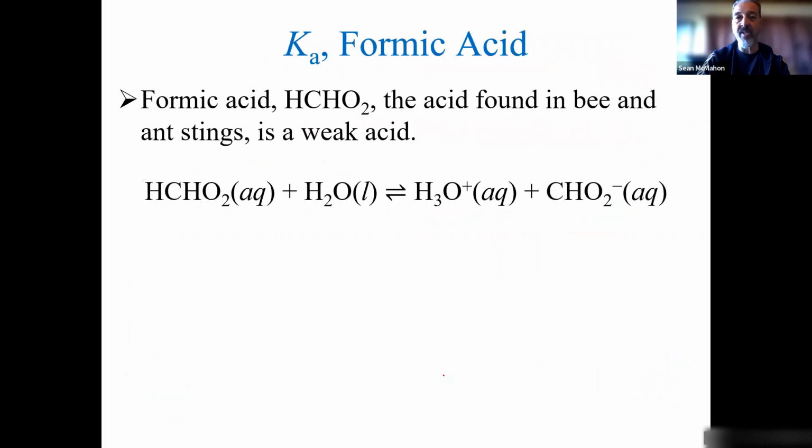So can we do this for a real acid? Well, let's take formic acid. So formic acid is HCHO2. So you could think of formic acid as, there you go, there's your formic acid.